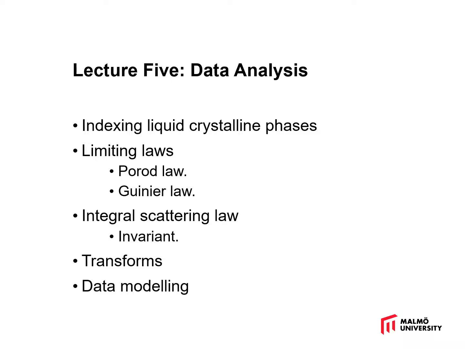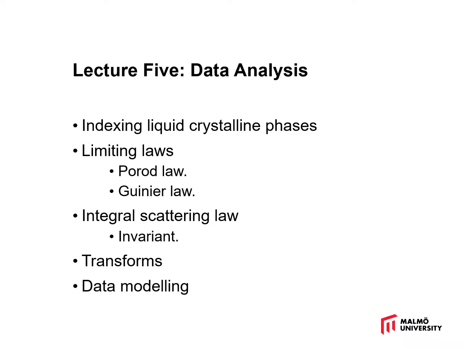After that, I'll be looking at more diffuse scattering. So I'll talk about limiting laws of scattering, which I've already talked about, the Porod law and the Guinier law. I'll talk about an integral scattering law, which basically describes the area under the curves and relates that to the composition of the sample. I'll talk very briefly about indirect Fourier transforms of scattering data.